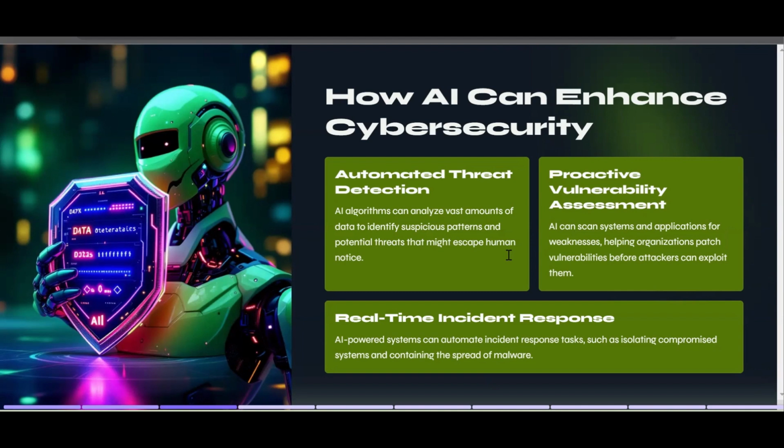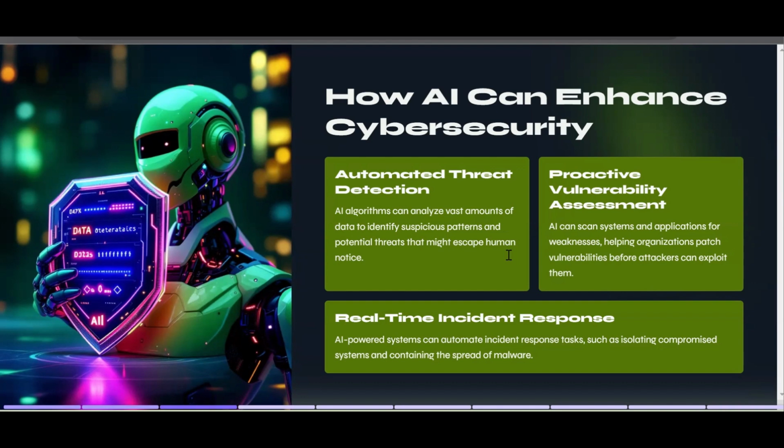So even way before that, we have to find the vulnerabilities within our system, proactively monitoring, analyzing, and comprehending the threats. AI can scan systems and applications for weaknesses, helping organizations patch vulnerabilities before attackers can exploit them. So this is quite good, right? We are ahead of the game if we use that. And obviously, if we do not make use of it, it would be easy to get compromised.